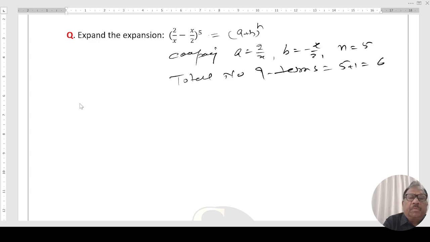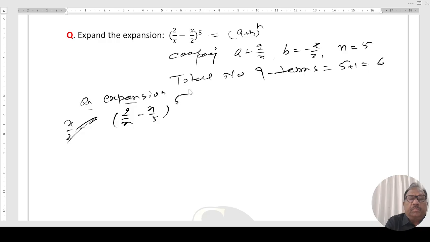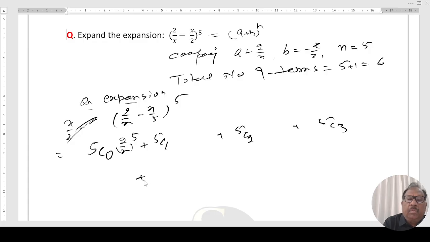Now, on expansion, we get (2 by x minus x by 2) to the power 5 will be equal to 5C0 (2 by x) to the power 5 plus 5C1 (2 by x) to the power 4, plus 5C2 (2 by x) to the power 3, plus 5C3 (2 by x) to the power 2, plus 5C4 (2 by x) to the power 1, plus 5C5 (2 by x) to the power 0.